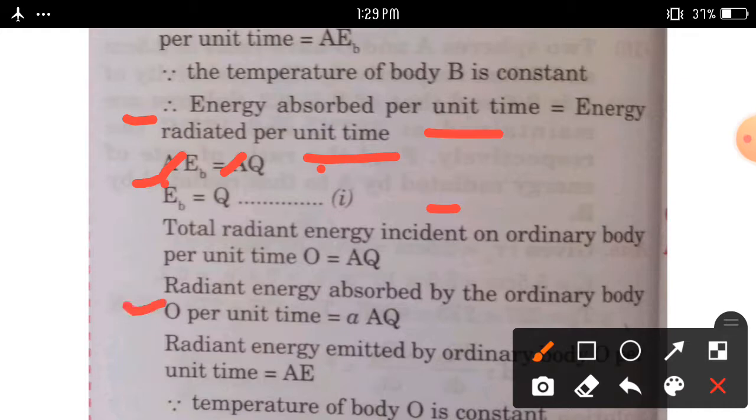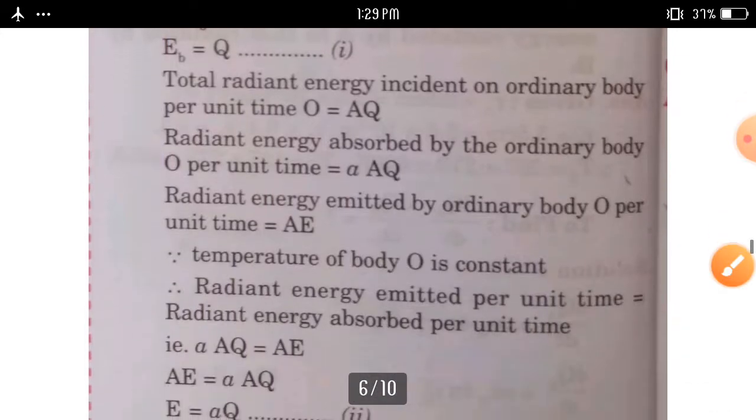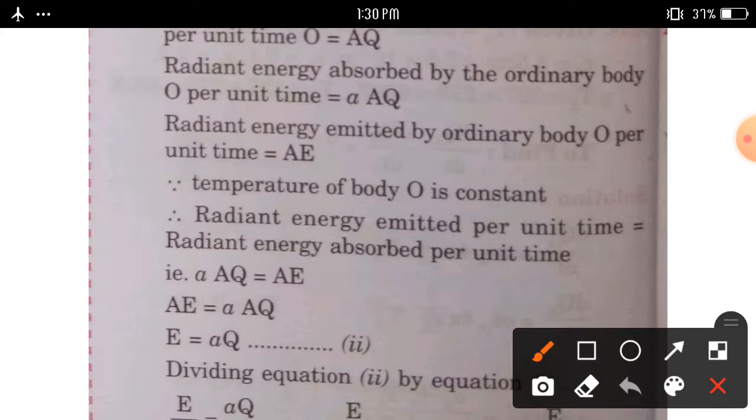Then the radiated energy absorbed by the ordinary body per unit time becomes A into small a into Q. Then the radiated energy emitted by the ordinary body per unit time becomes A into E. Therefore, the temperature of body O is constant.